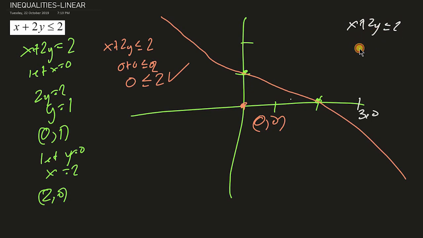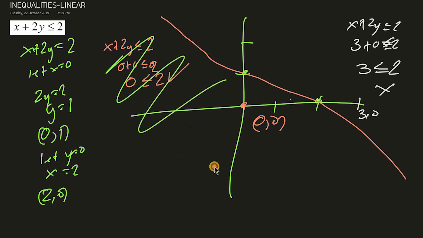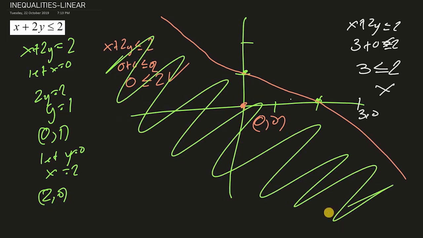X is 3. 3 plus 0 is equal to 3. Is 3 lesser or equal to 2? Basically, balito. So, yung magsasatisfy sa solution is this part. So, let's try that out. So, that's the graph. Okay? Next, i-try naman natin.